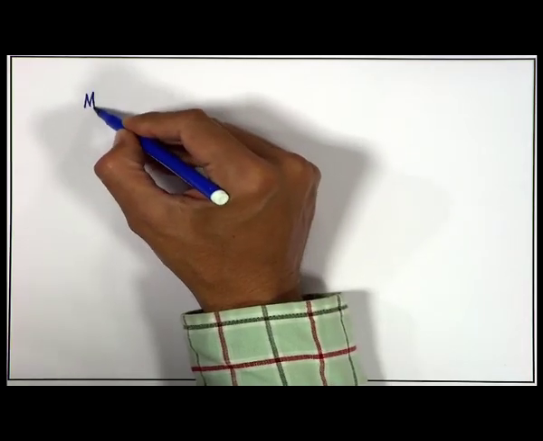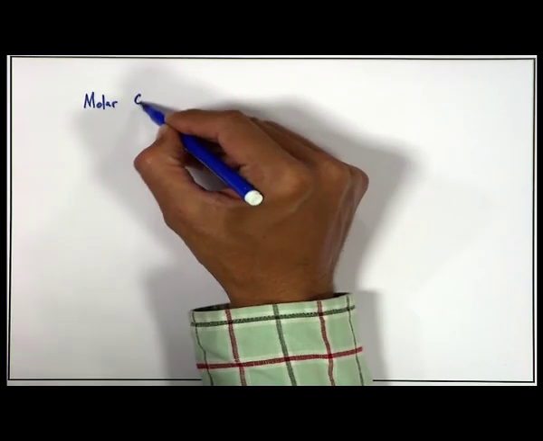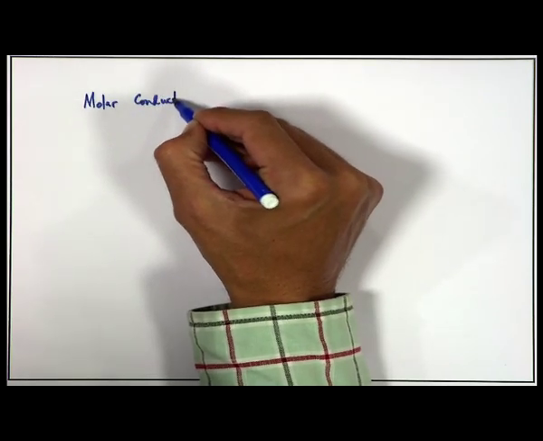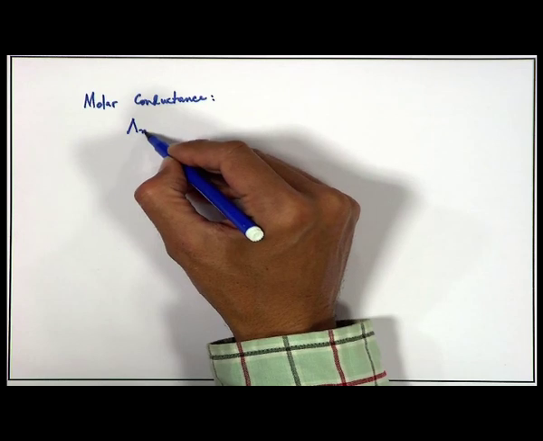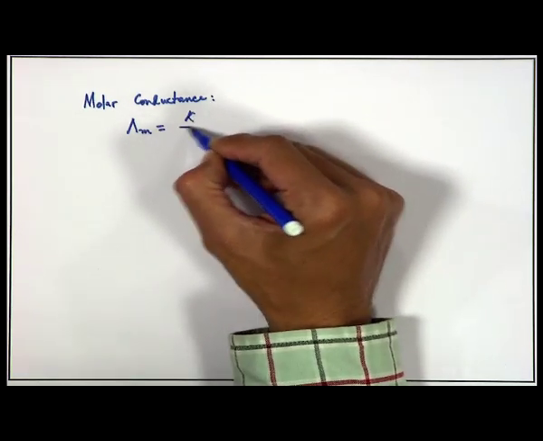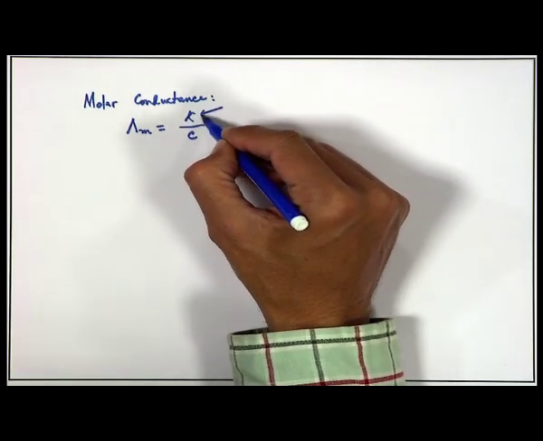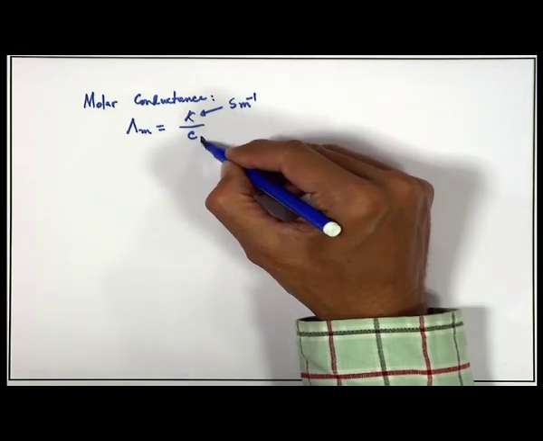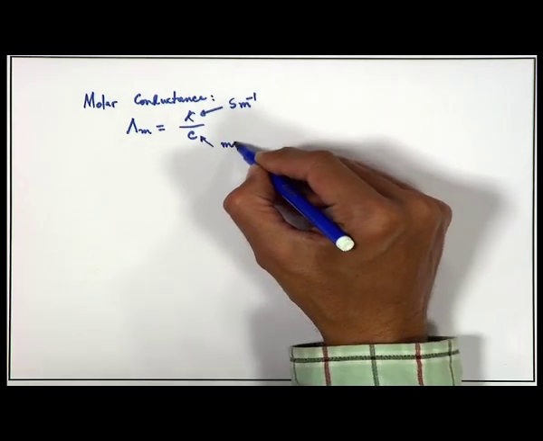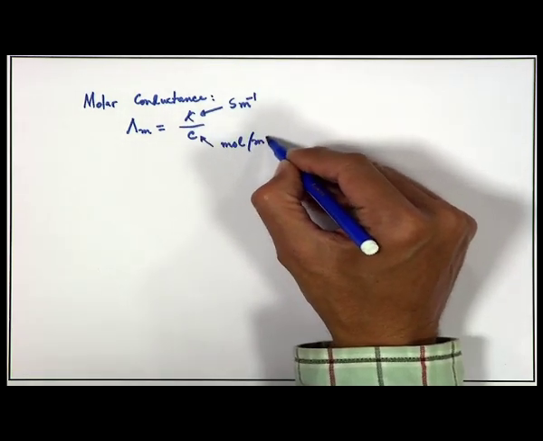So, few more points regarding molar conductance. Lambda m is equal to kappa divided by C, where kappa is Siemens meter inverse, concentration is mole per meter cube.